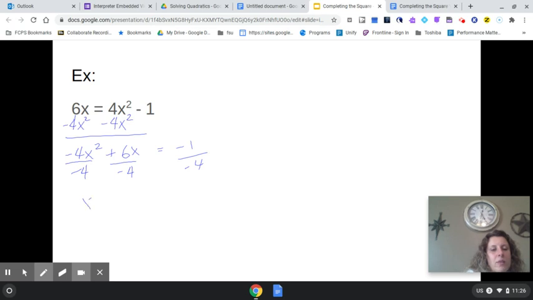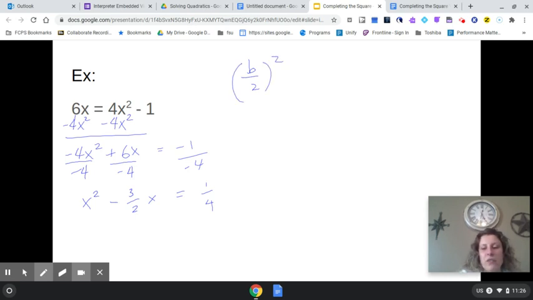We get x squared minus 3/2 x, since 6 divided by 4 does reduce to 3/2. And negative divided by negative does make a positive, so positive 1/4. Okay, we have b divided by 2 quantity squared.